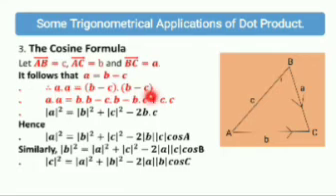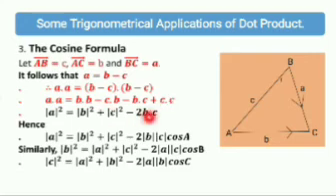If you square both sides, we have a dot a is equal to, opening this bracket, b dot b, minus b dot c, minus c dot b, then minus times minus will give you plus c dot c. Now a dot a is equal to modulus of a squared. This one is modulus of b squared, this is minus 2 b dot c, then this is plus modulus of c squared.